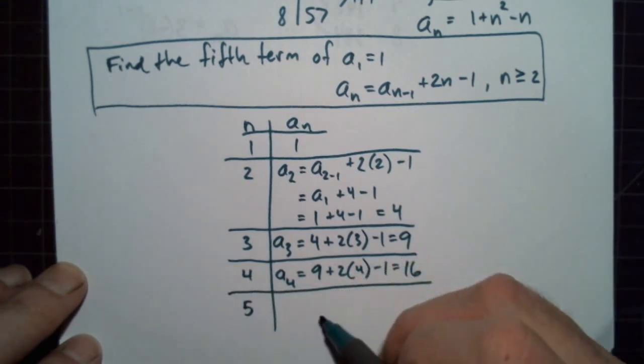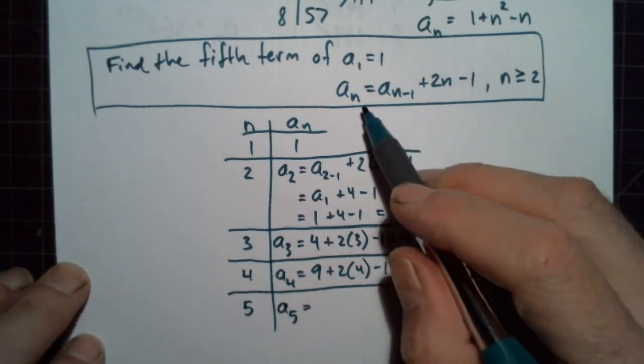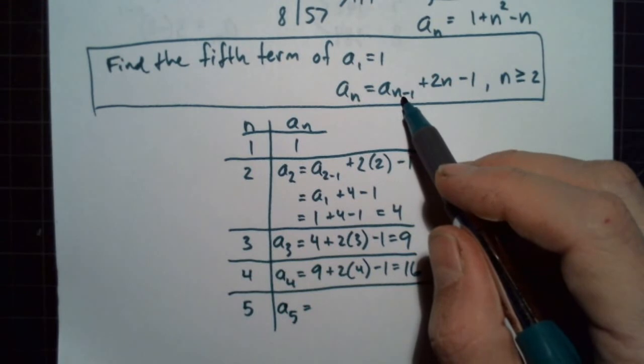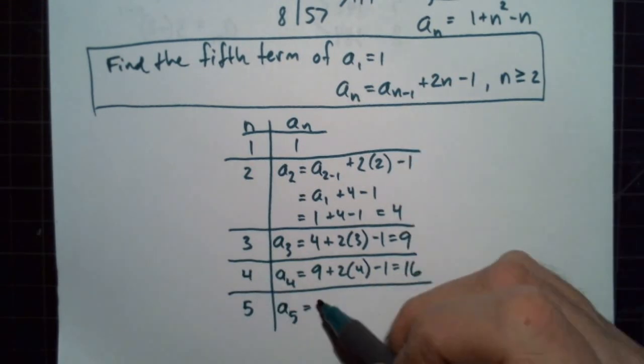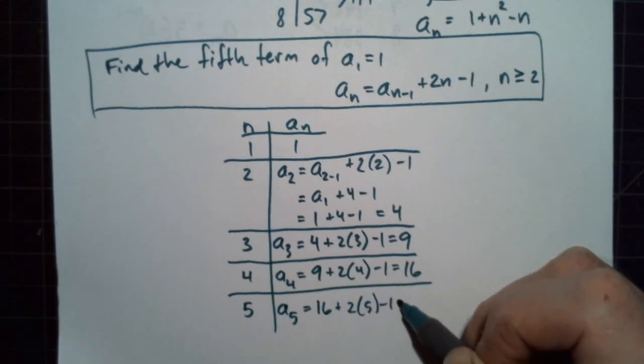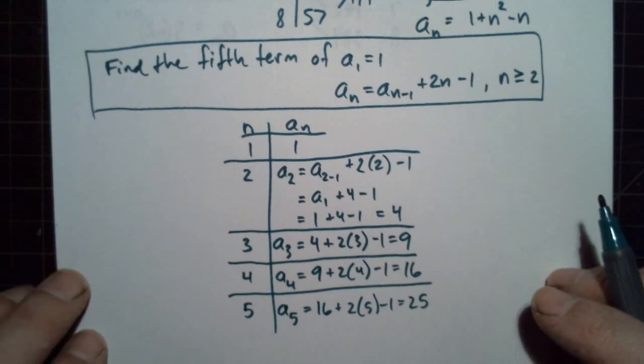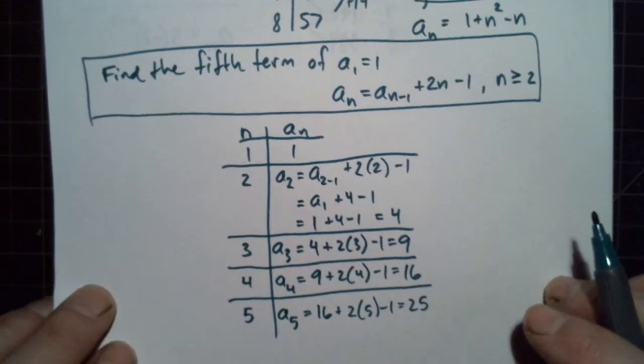Then we're going to find the 5th term. A5 is, to find the 5th term, we use the 4th term, and the 4th term is 16. 2 times 5 minus 1, 26 minus 1 is 25. So we were able to answer the question.